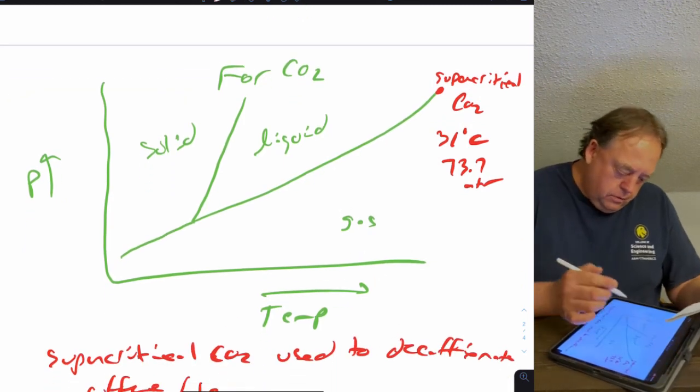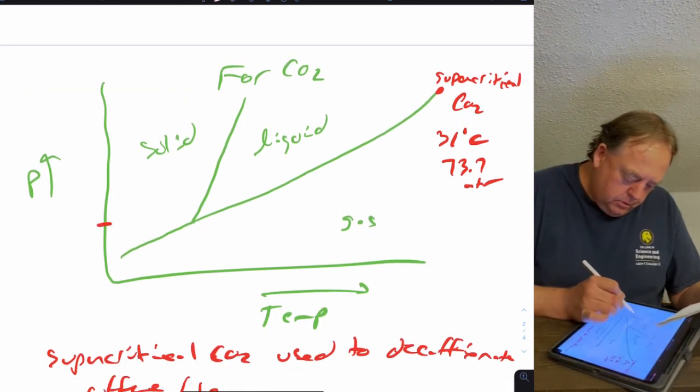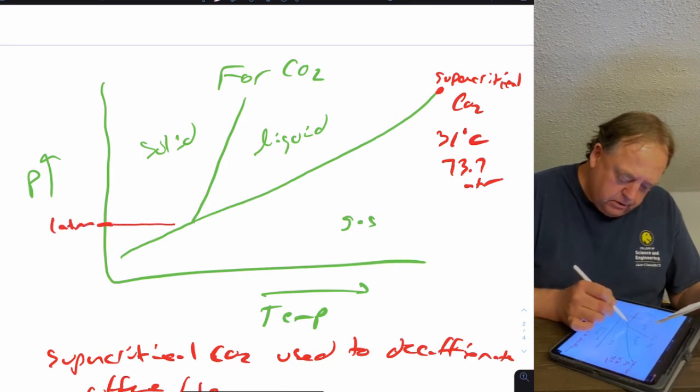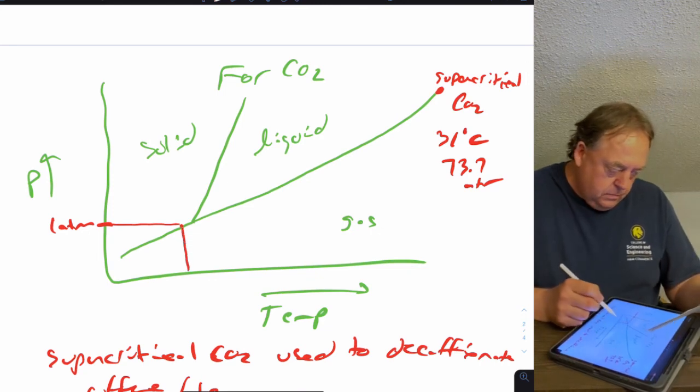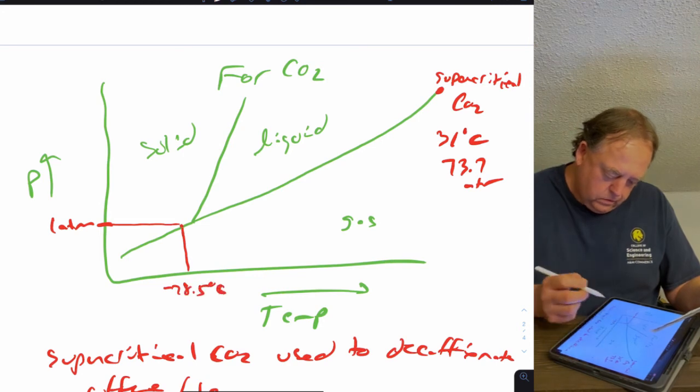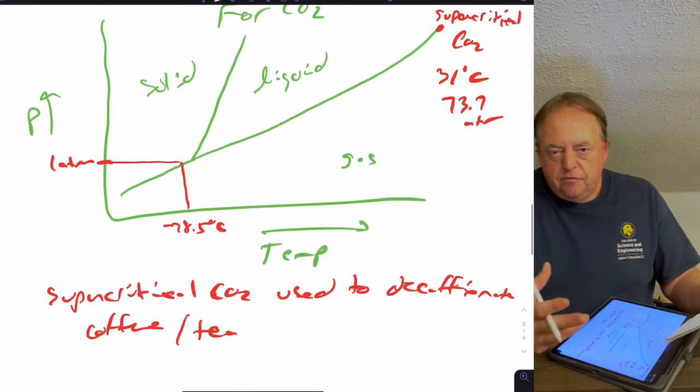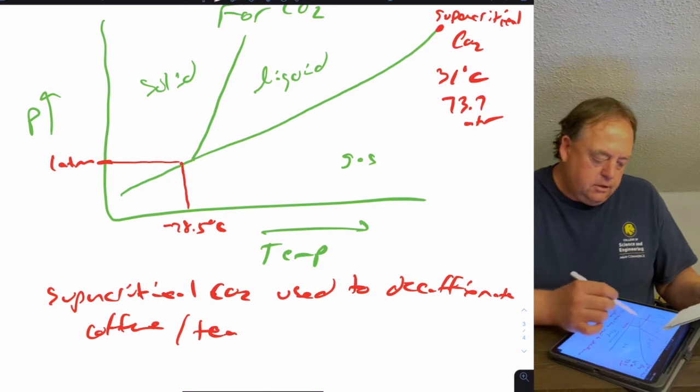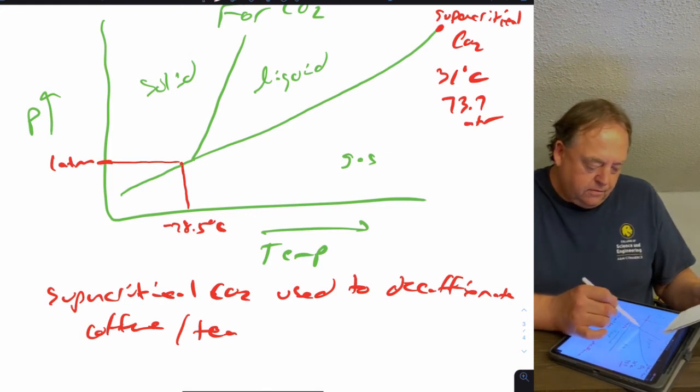Okay, and so we're at about 1 atmosphere pressure. So if you just follow this phase diagram across to this point, at about 1 atmosphere pressure, which is about what pressure we're at, solid CO2 would go directly from the solid to the gas phase, so it would sublime.